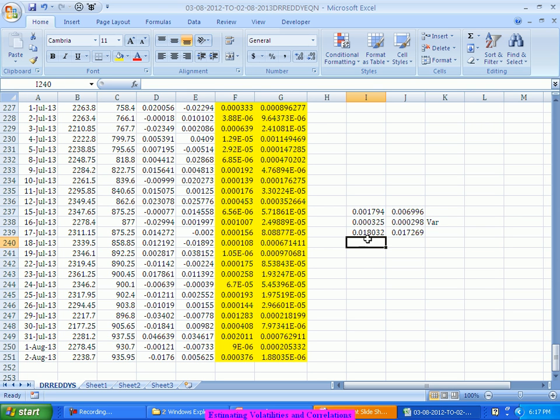Now, how do I estimate this 1.8? Is it forever? From the calculation which we have done, it is for the last 30 days. So can I take the same number for tomorrow?